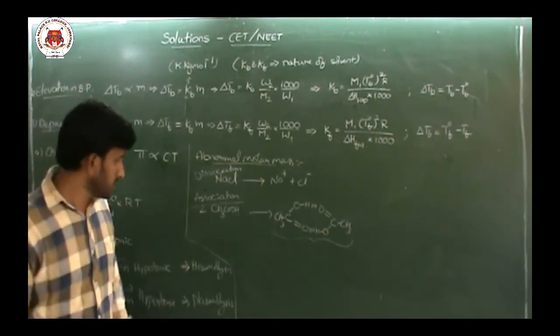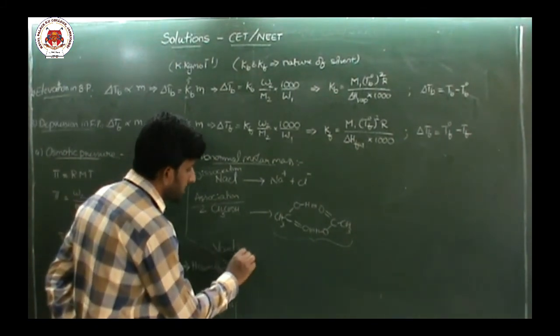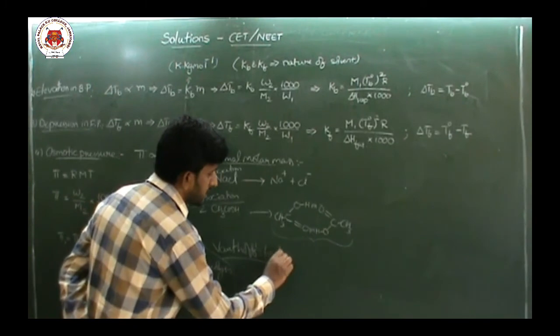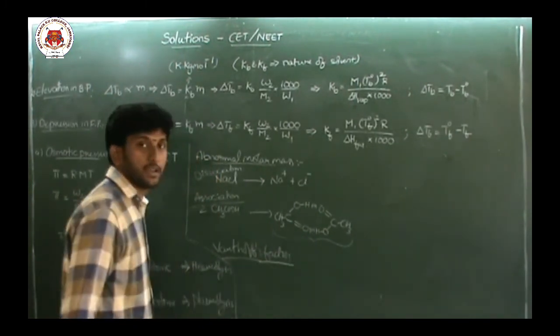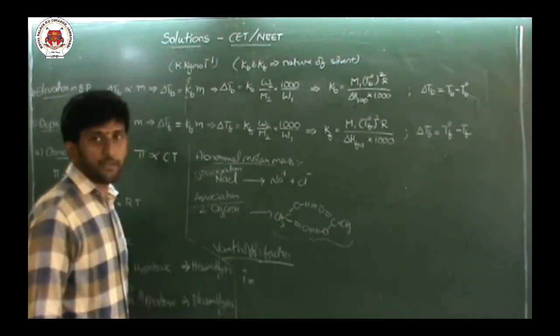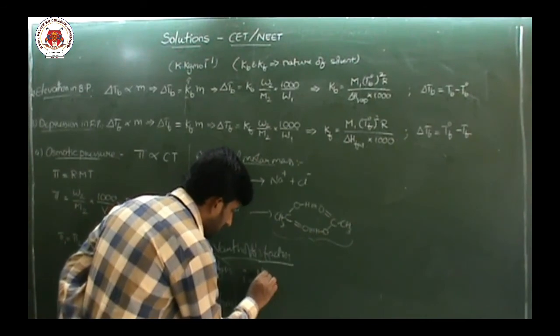So for that, Van 't Hoff introduced one factor to correct these masses, that is i. Van 't Hoff factor i is given by the formula normal molar mass by abnormal molar mass.